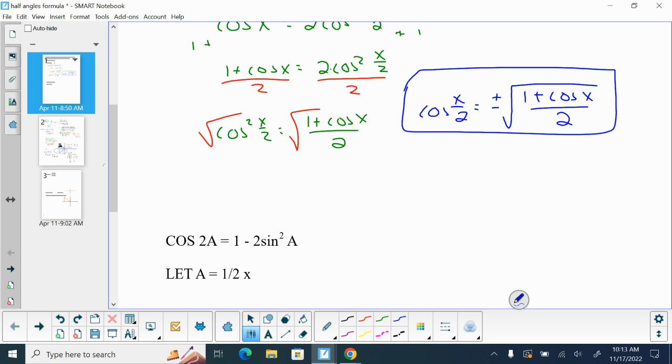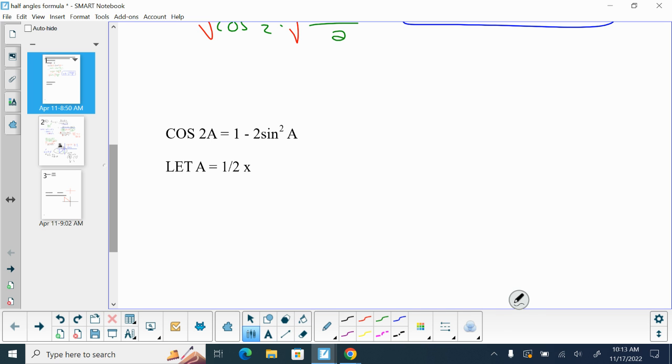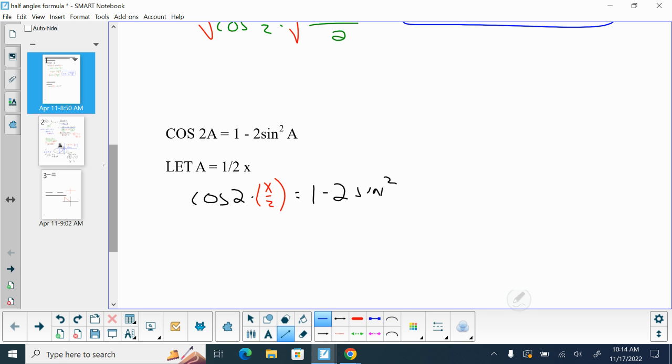Making my same substitutions. Let a equal half x. We have cosine of 2 times half x is equal to 1 minus 2 sine squared half x.